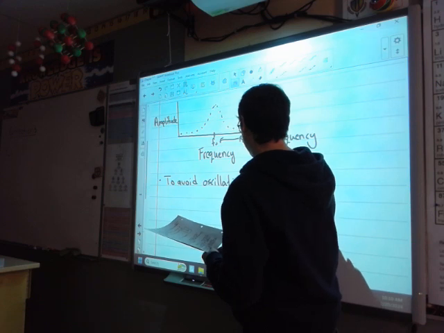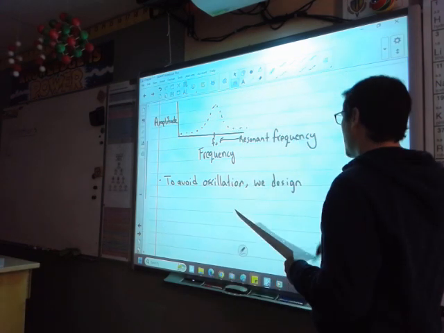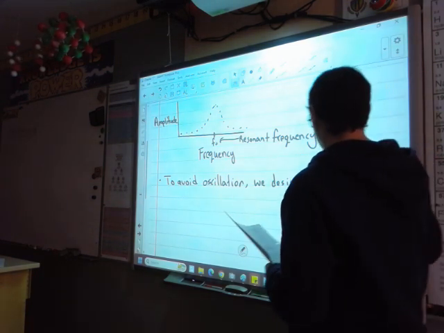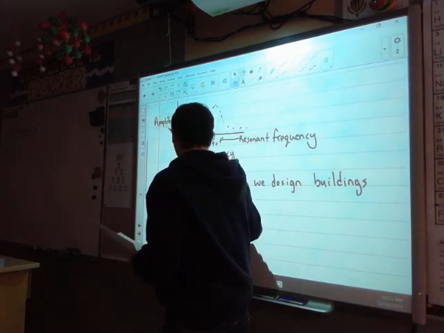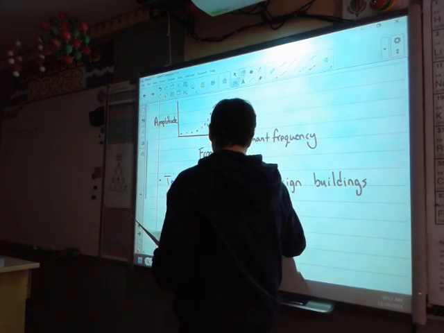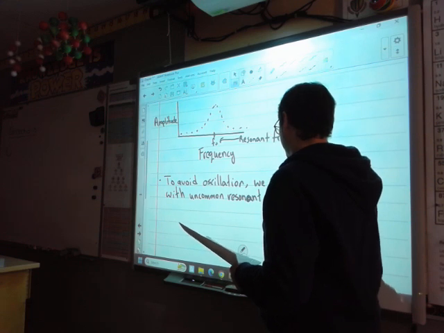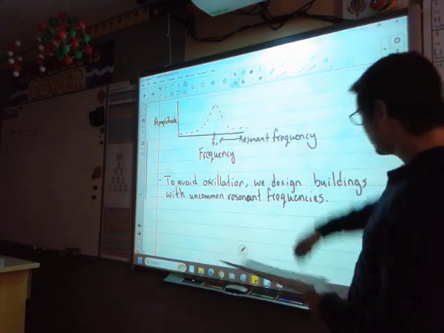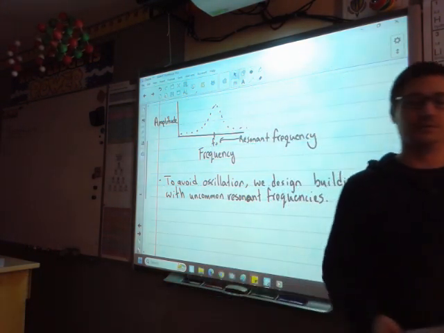To avoid oscillation, we design buildings, structures, objects with uncommon resonant frequencies in nature. We can also use something called a tuned mass damper, and we'll probably talk about that as a little bit of a review when we come back.